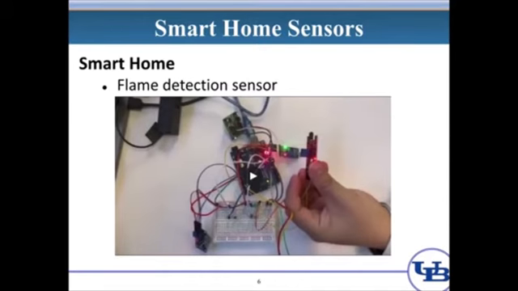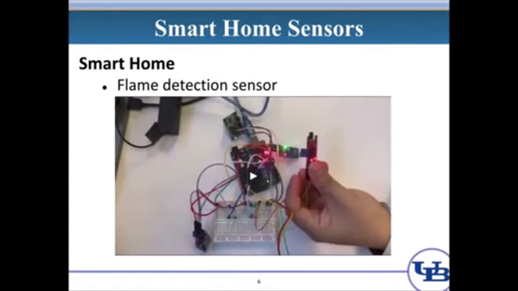So small flames, like we use a red LED, can be detected at roughly 0.8 meters. The detection angle is just about 60 degrees. That's enough when you have a flame. The module contains an infrared sensor, so it's particularly sensitive to the flame spectrum. This is for security, because we are a care system.